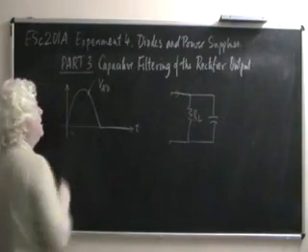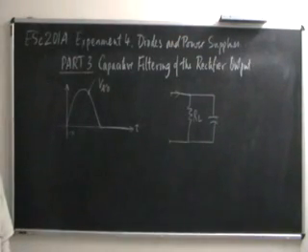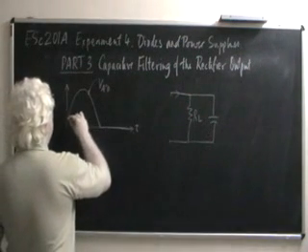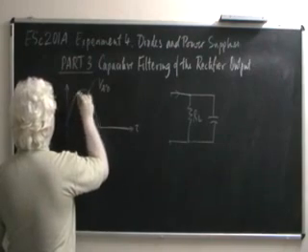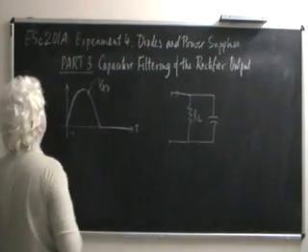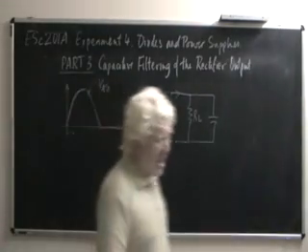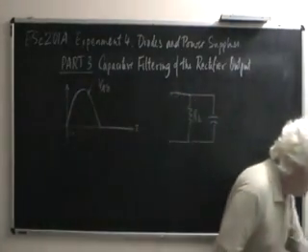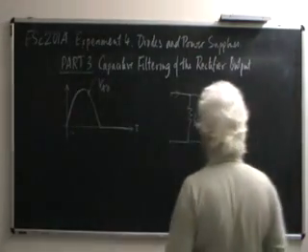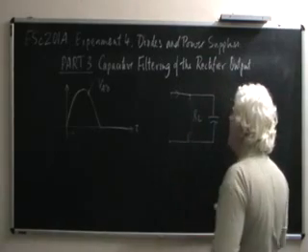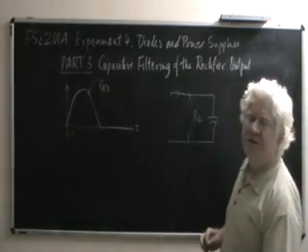Now, the capacitor's voltage is literally going to follow the rectifier output until this point. Now let's see what happens. After this point, let's just pretend for a moment that the load resistance is absent, and let's assume that the diode is ideal.